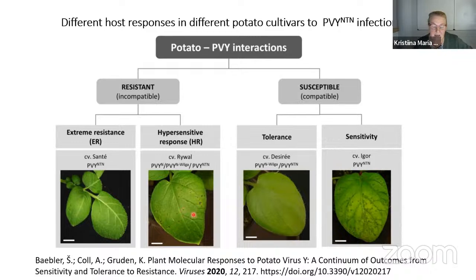And this can be seen as these necrotic lesions on the leaves. Some of the potatoes are tolerant, and in these plants PVY can replicate, it can multiply, but at the same time we don't see the symptoms on the leaves. And then we have some genotypes that are sensitive and develop the normal disease, and we can see the symptoms.